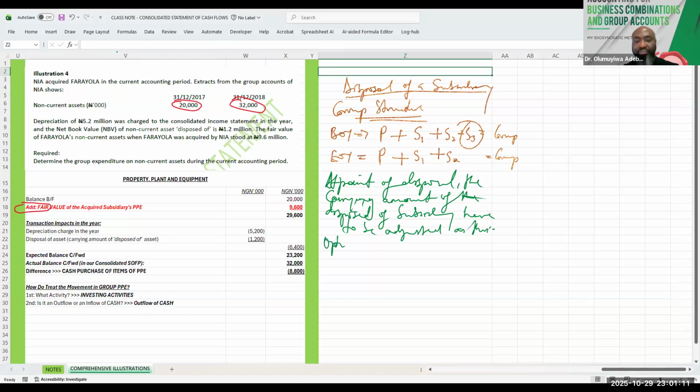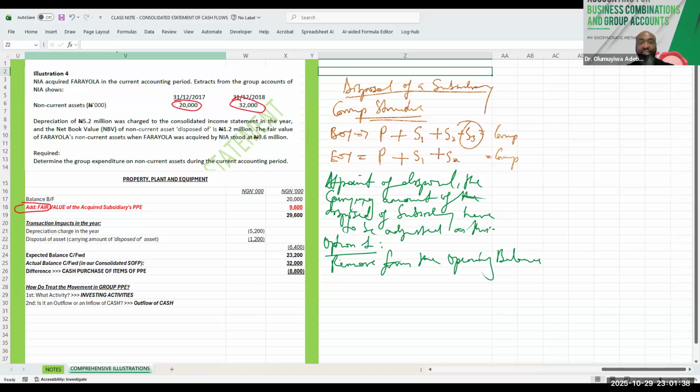Option 1, remove from the opening balance, which means delete the carrying amount from the opening balance.